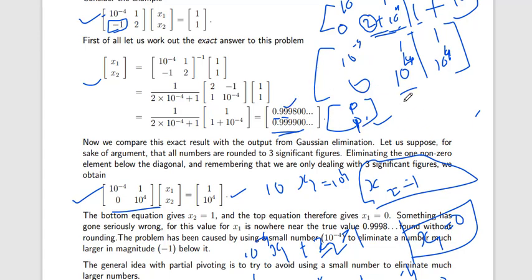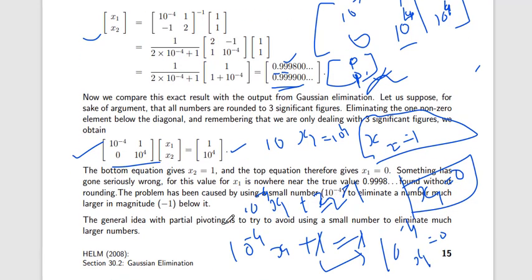So now we use partial pivoting in the method of Gaussian elimination. This answer from Gaussian elimination is wrong. Why? Because we multiply with the smallest number. Here 10 raised to minus 4 is the smallest number compared to 0.